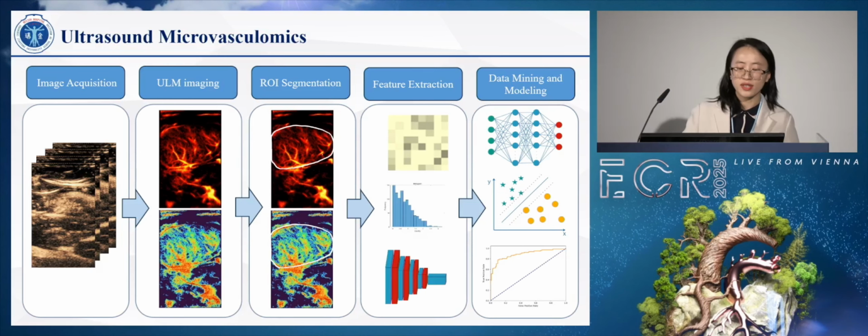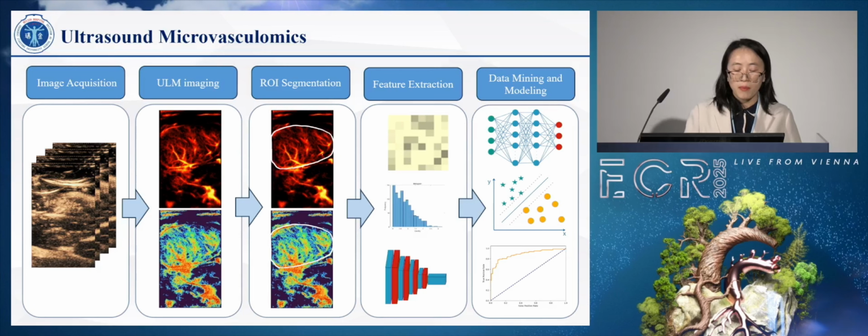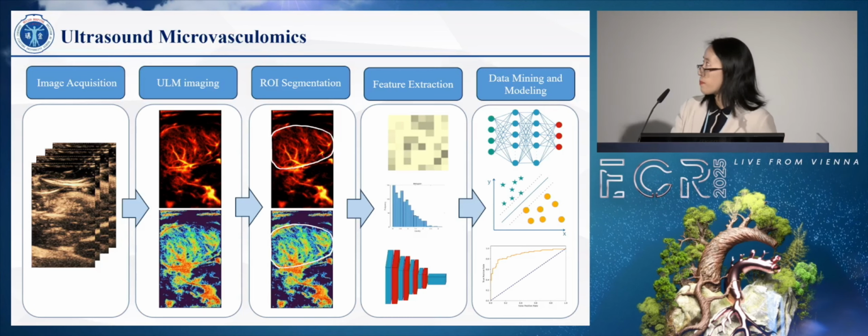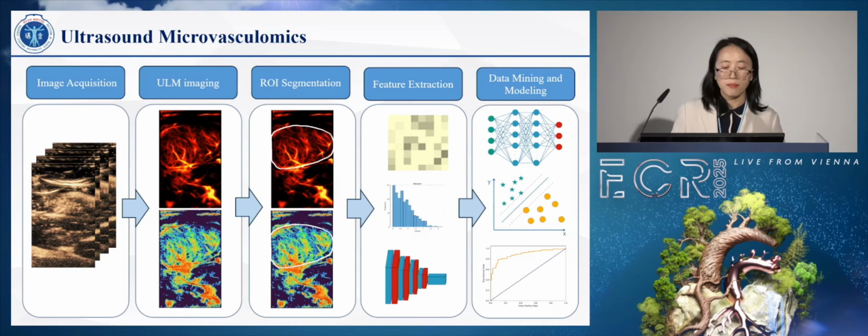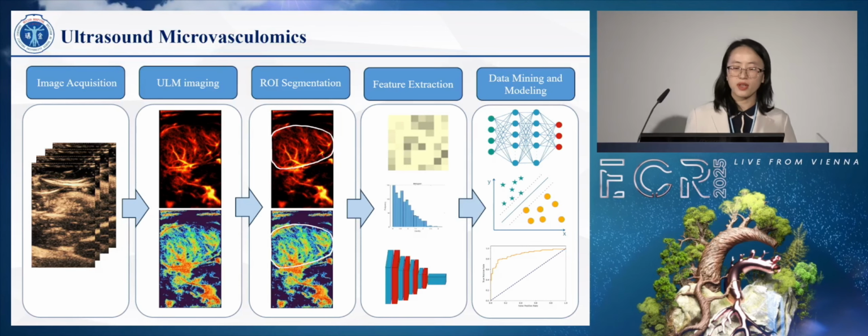And this shows the process of this concept. It was based on SRUS images, and ROI segmentation would be performed on this image. And then feature extraction would be performed using machine learning technology, and after that, these data would be used for modeling.